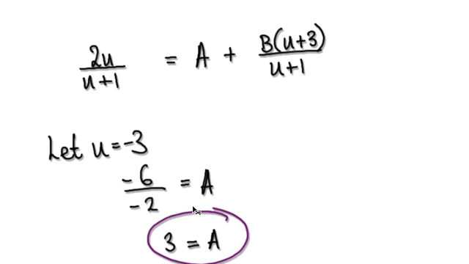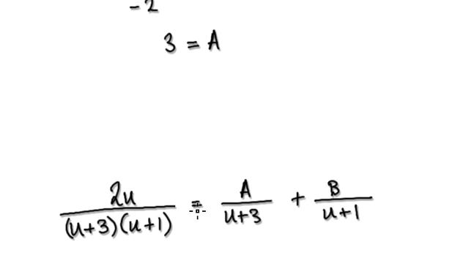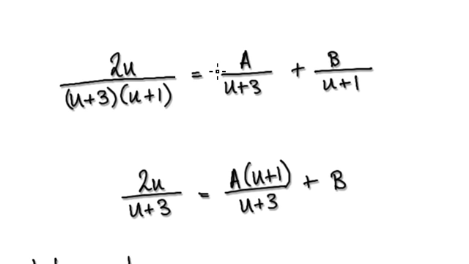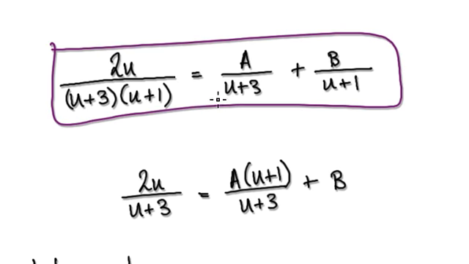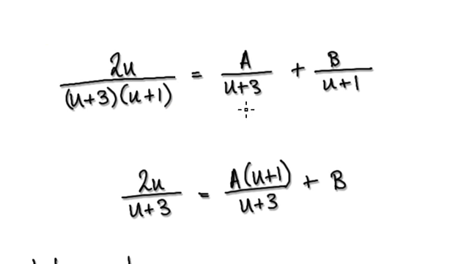Okay, a is 3. So now we've got a. To find b, start again from here, and this time times everything by u plus 1. Sorry, hang on, let me think.